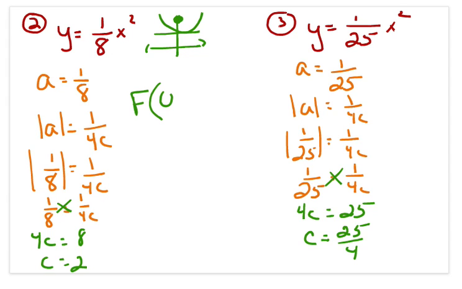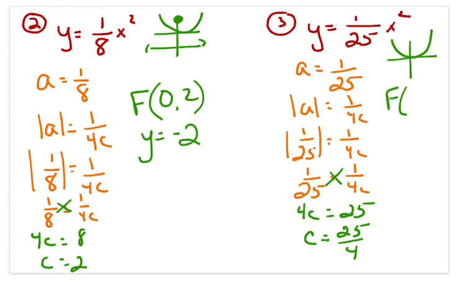Since C is 2, it should be the point (0, 2), and your directrix should be the equation y equals negative 2. For example 3, again, you have a y equals, so it should open up or down. A is positive, so it should open up. So you're going to have your focus at (0, 25/4), and your directrix equation is y equals negative 25 over 4.